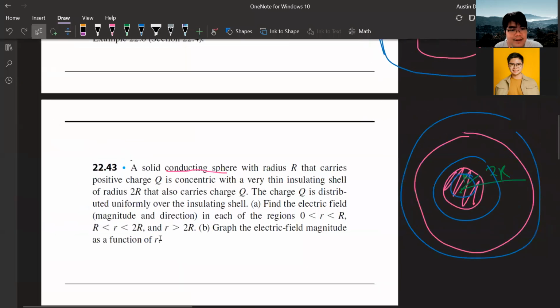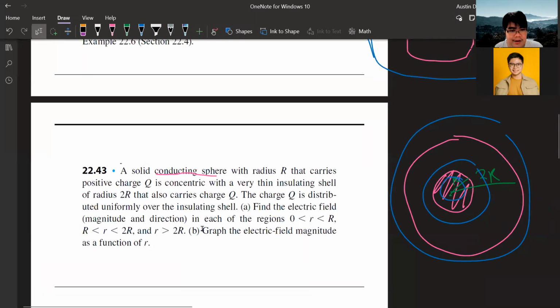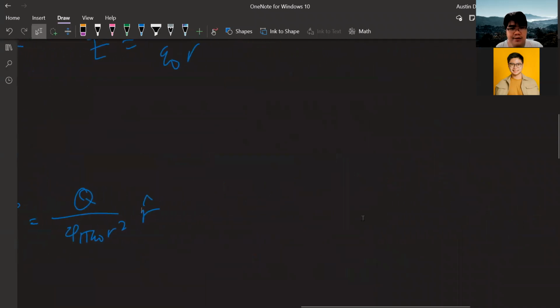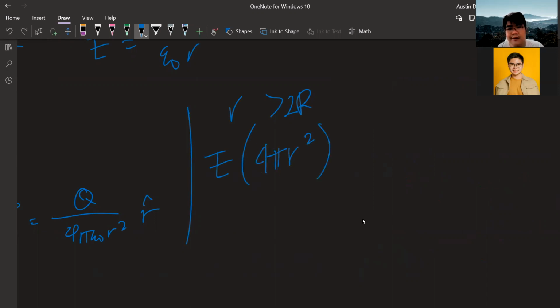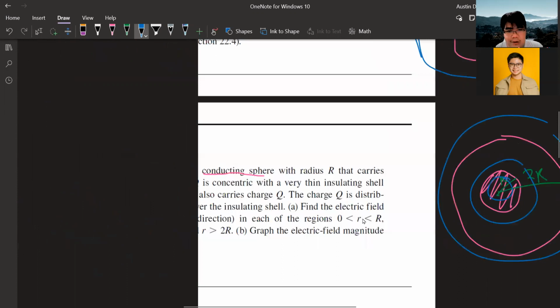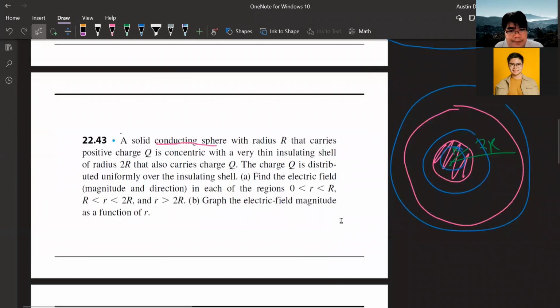Ano yung last na tanong? That would be r greater than 2r. So for that region, let's write them down. R greater than 2r. And then, as usual, gagamit ka lang ng Gauss's law, 4 pi r squared pa rin. Then you would need to look at the charge enclosed.